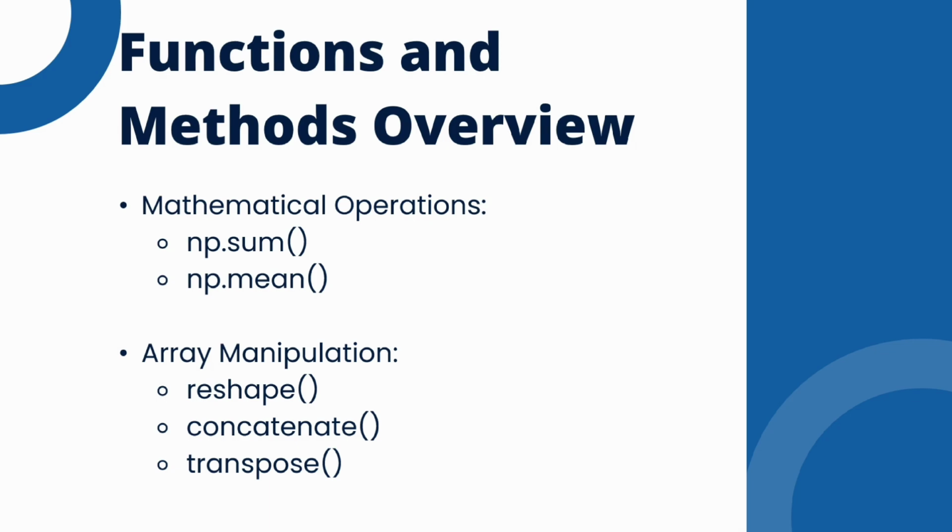We have mathematical operations like np.dot, which performs matrix multiplication or a dot product, and array manipulation methods. These functions are optimized for performance and are much faster than doing these operations in pure Python.